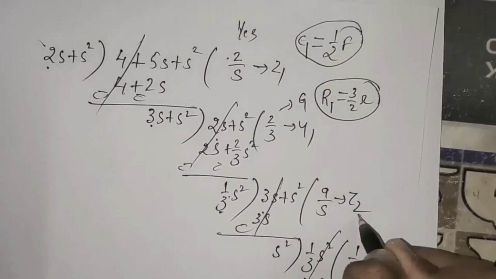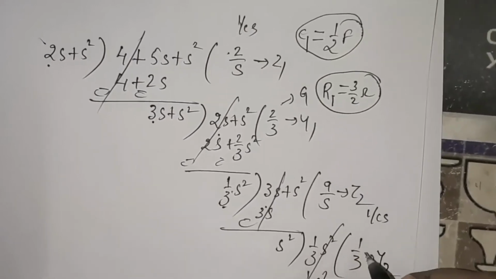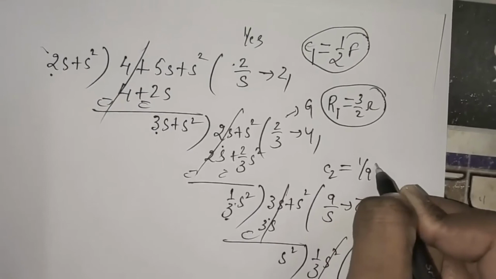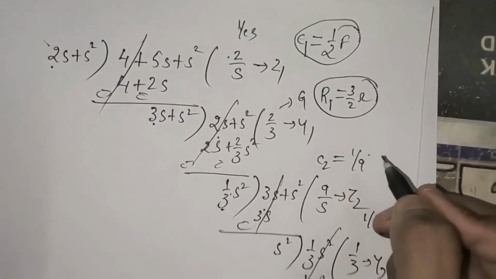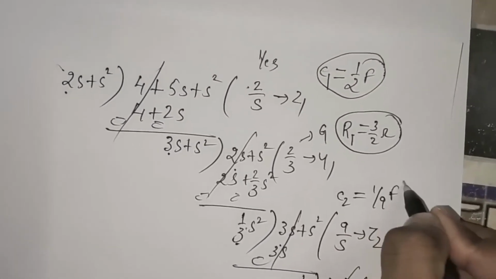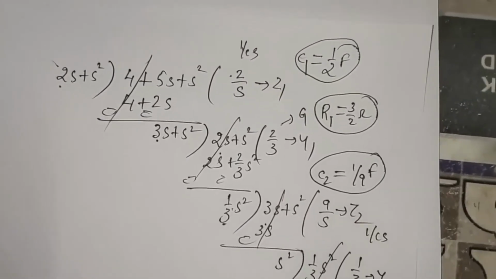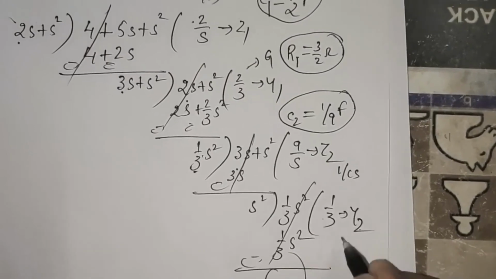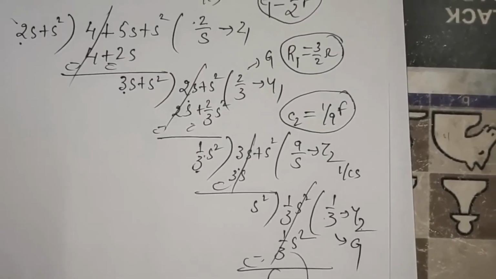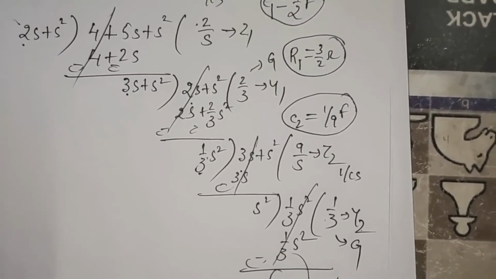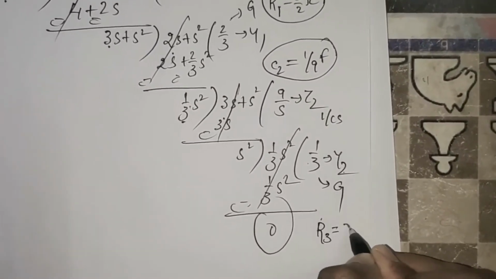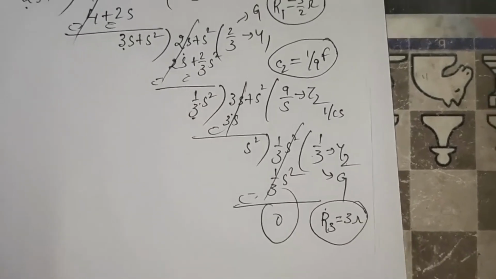Again, this is in the form of 1 by Cs, so C2 value will be 1 by 9 farads. And the last one, admittance, this indicates the value of G. So R3 is nothing but 3 ohms.